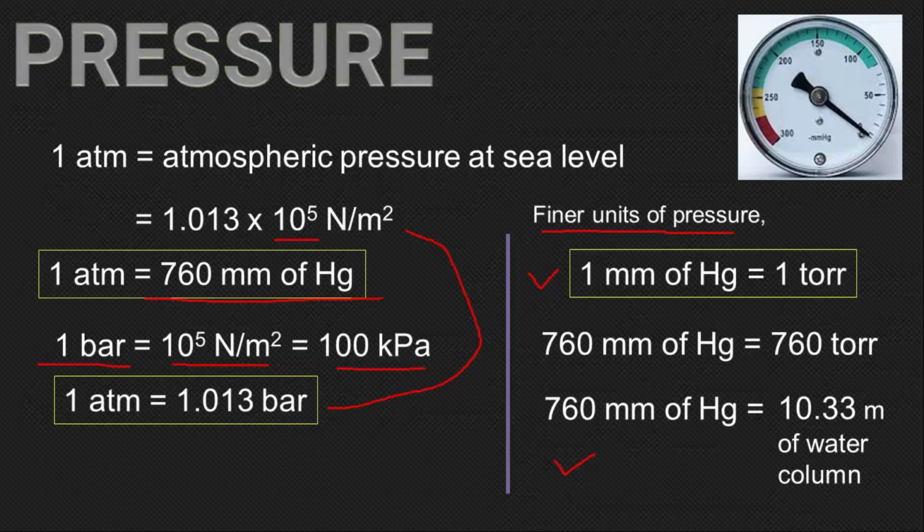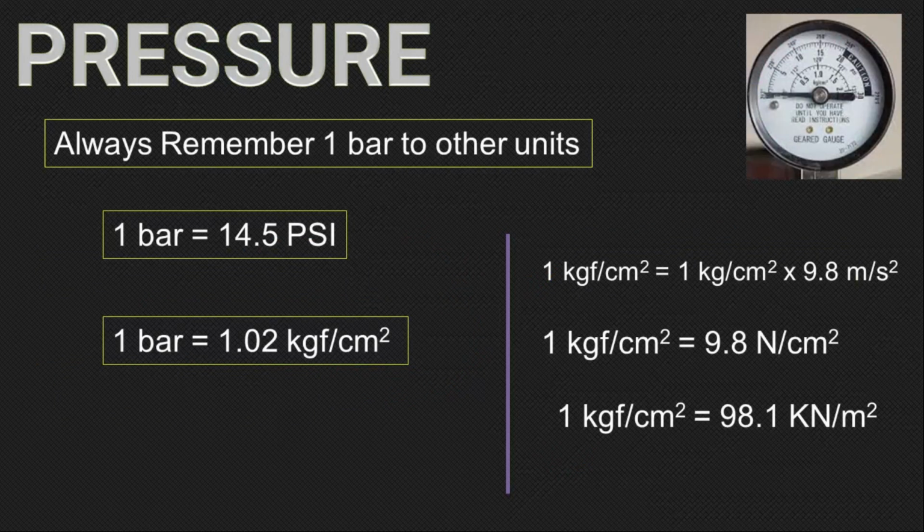Now always remember conversion of 1 bar pressure into all other units. For example, 1 bar is equal to 14.5 psi, pounds per square inch. Also 1 bar is equal to 1.02 kgf per centimeter square.